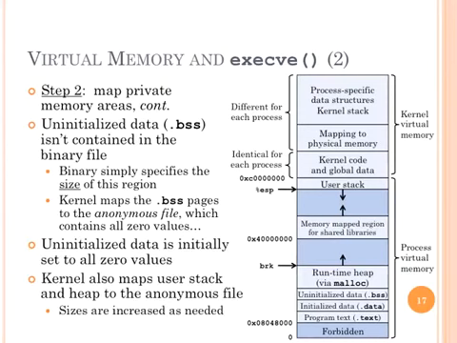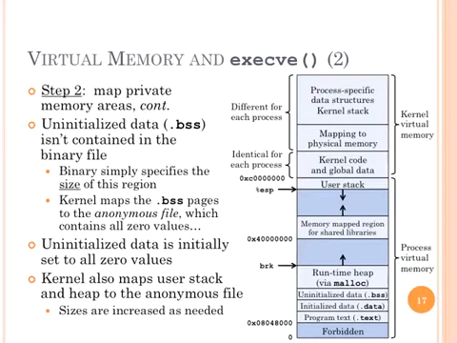Okay, user stack and heap are mapped to the anonymous file as well. Again, if you've looked at mmap, you may have noticed that there's some special stuff for the stack because the stack needs to be able to grow down. The heap grows up. Most of our stuff grows up, but the stack is special, it grows down. So there are special things that you do in the kernel to keep track of how much I should allow the stack to grow and consider it valid.